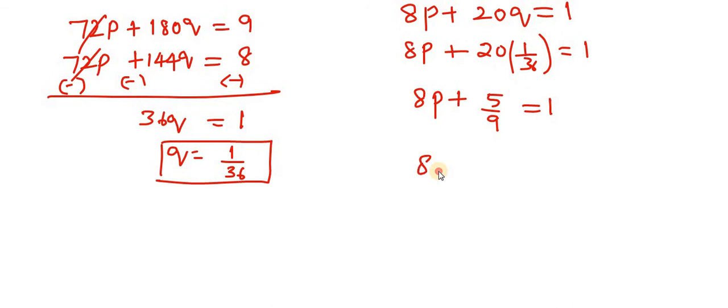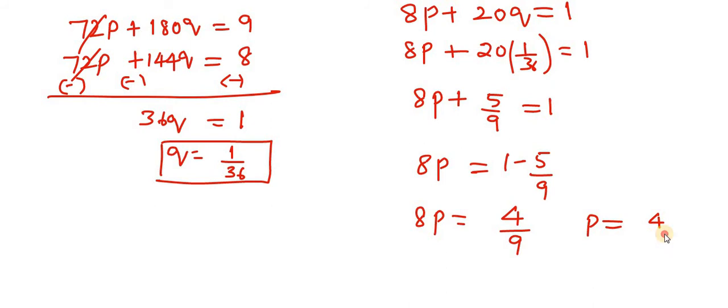Then 8p is equal to 1 minus 5 by 9, which is 4 by 9. So p is equal to 4 by 9 into 8. 4 ones are 4, 4 twos are 8. Therefore p is equal to 1 by 9 twos are 18, that is 1 by 18.